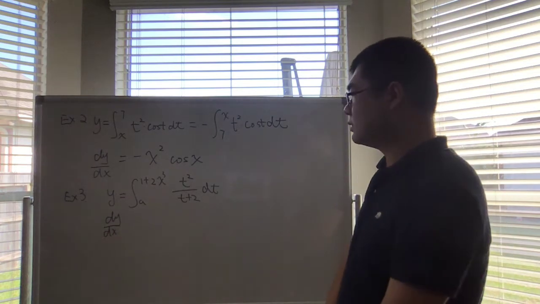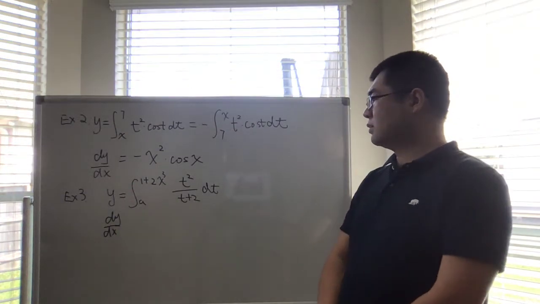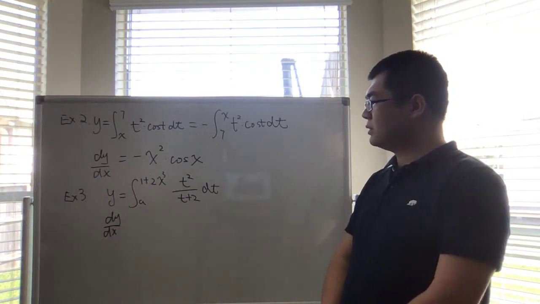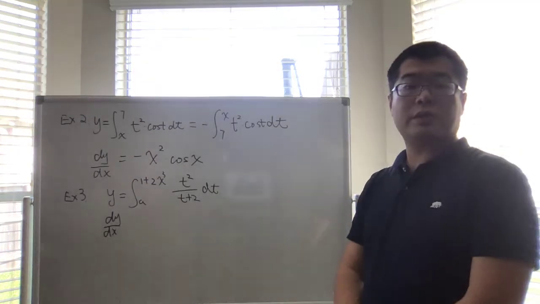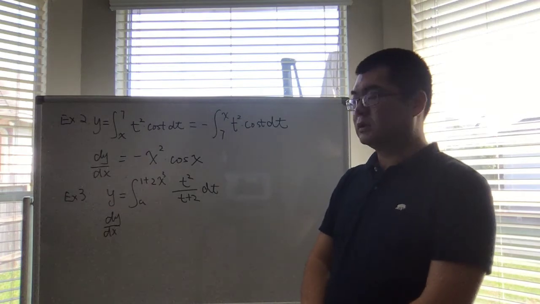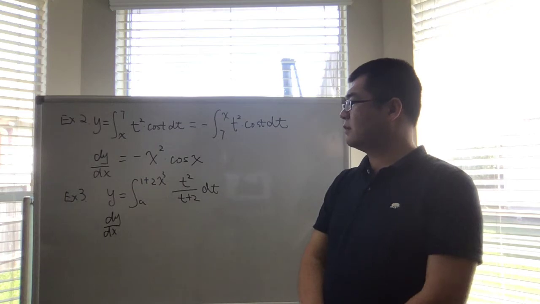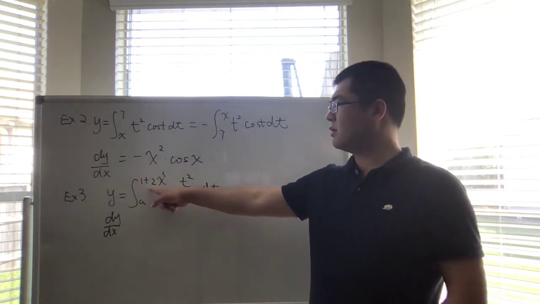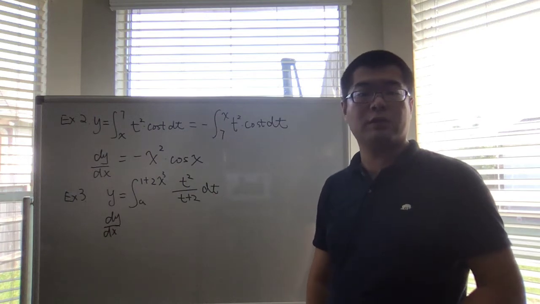Now let's look at the last one. y equals the integral from a to 1 plus 2x cubed of t squared over t plus 2 dt. Well, different from the first two, as you can see, the upper limit is 1 plus 2x cubed instead of x, right? We'll get used to x.